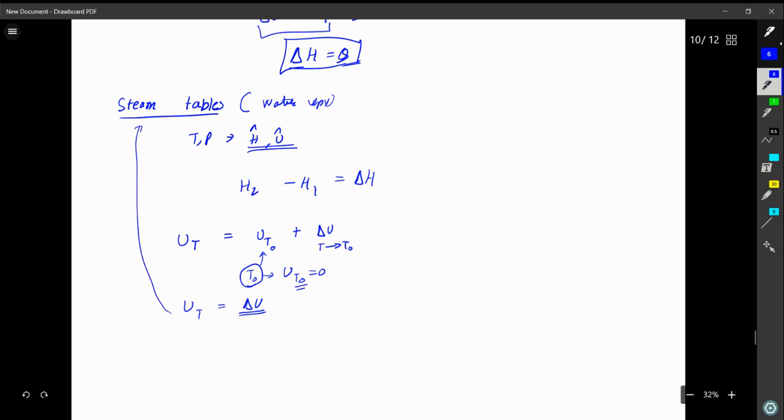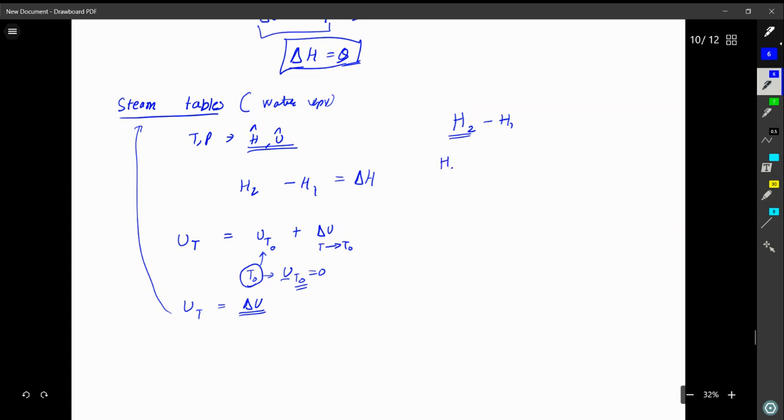So this temperature where U is 0 is called the reference temperature for internal energy, and wherever you consider H to be 0, that is called the reference state for enthalpy. Now one thing you see is that if I say H2 minus H1, this is with respect to a reference.